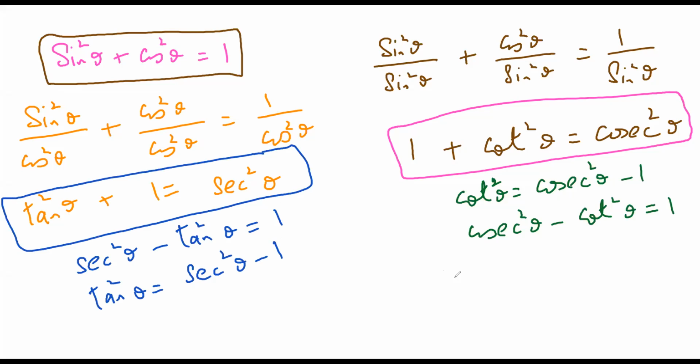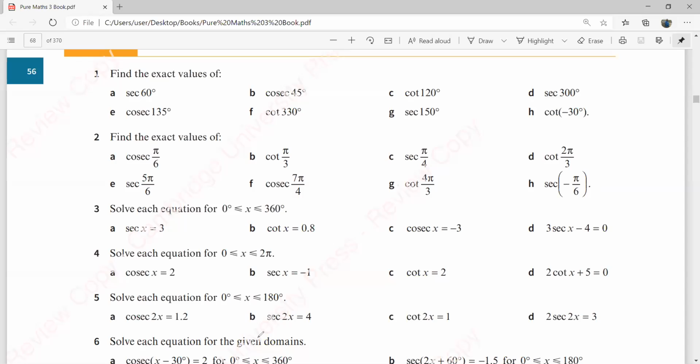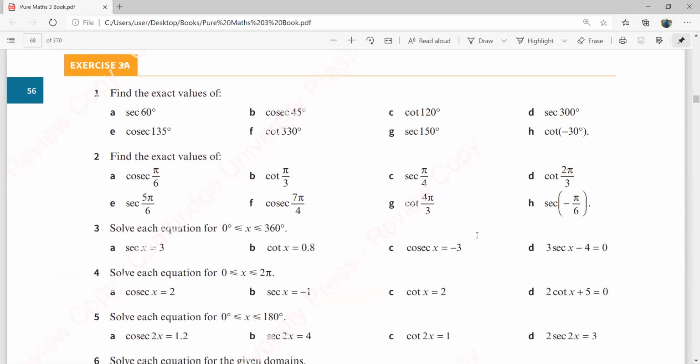So guys, there is definitely addition to those identities that you have learned in your P1 trigonometry. So let's go to the book and see how we can have questions that we can solve using all these newly seen identities. You can look at this exercise, exercise 3A from the P3 book.